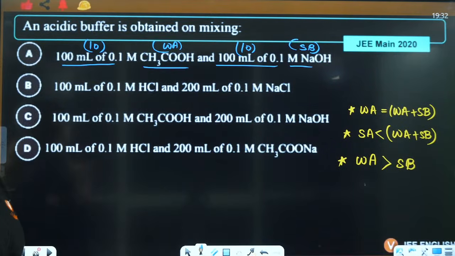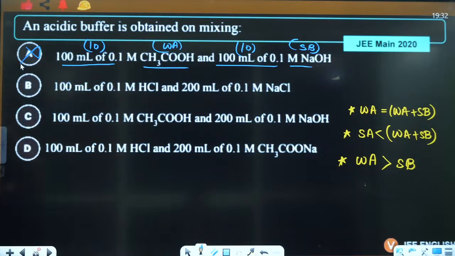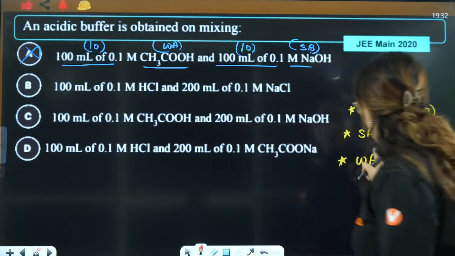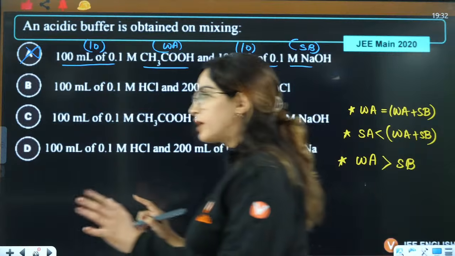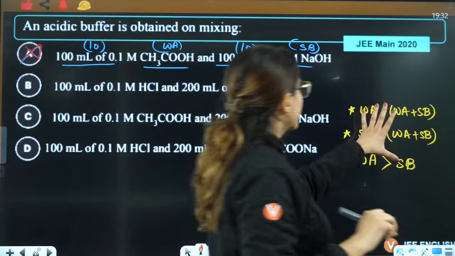They should not be equal; the weak acid should have more moles. Option A, no. So this first option is already ruled out, right? This thing you should remember.